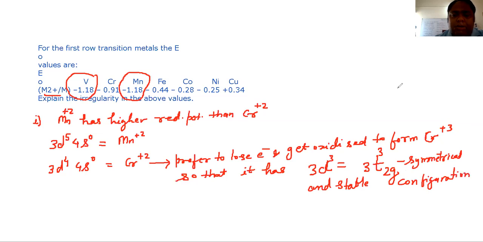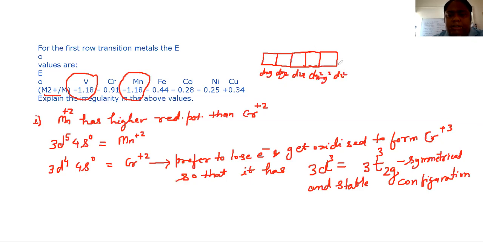Please recall that when these ions are formed, then in the presence of any anion, the d orbitals split into two parts. These are dxy, dyz, dzx, dx square minus y square, and dz square. It splits into two parts.